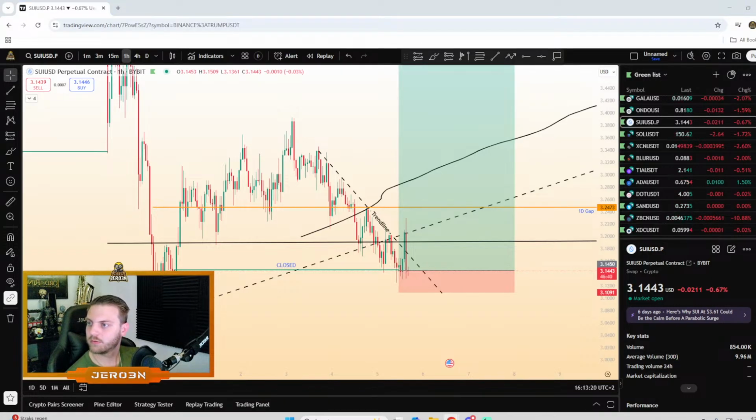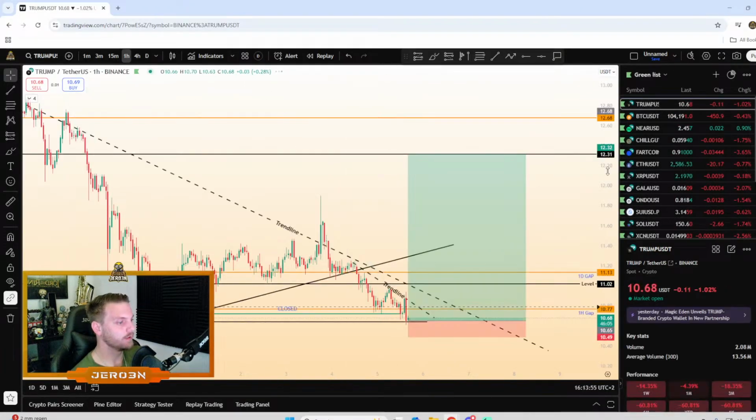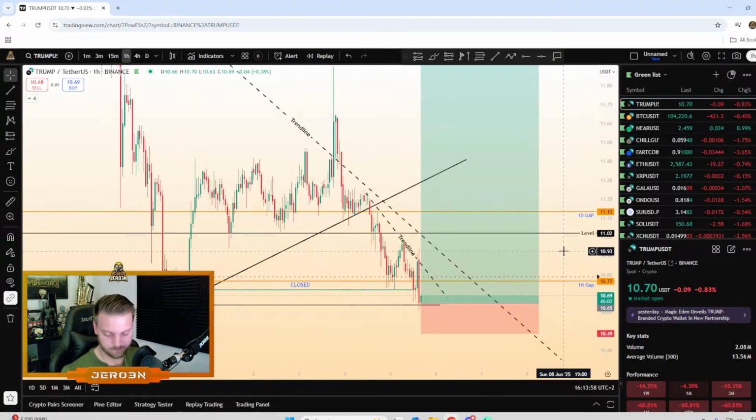Are we doing this? Hello, come on. Okay, thank you. So I'm long on 4 coins for now. And the only coin being in green is Trump. However, I just lost some on Trump before.